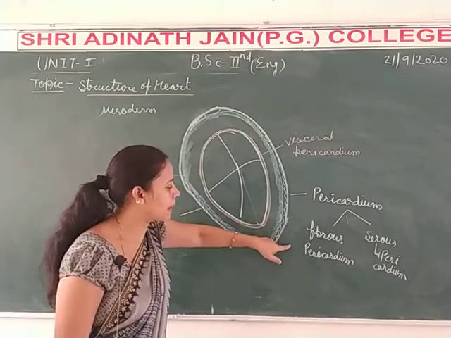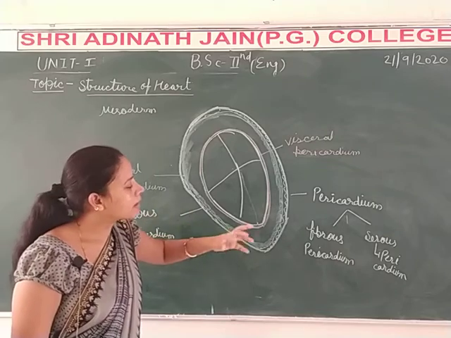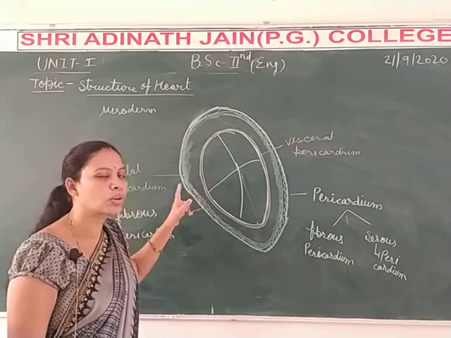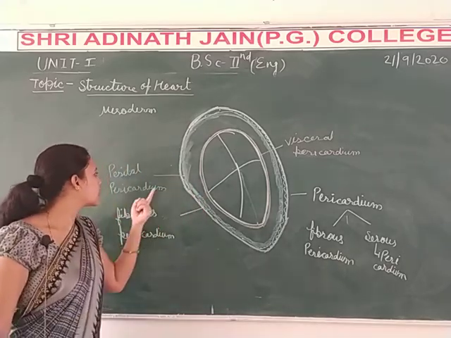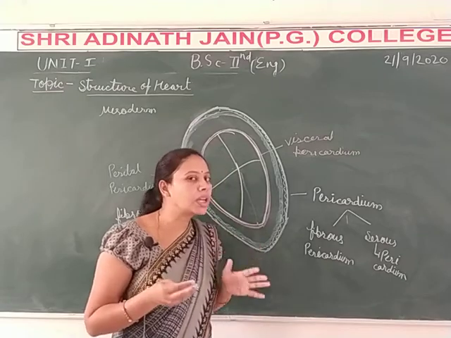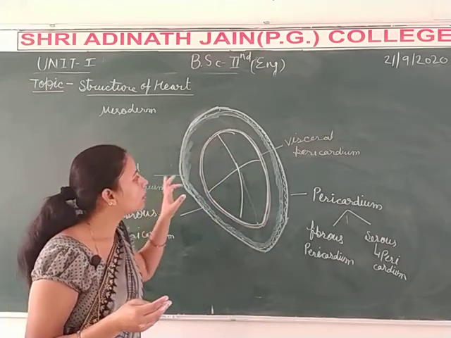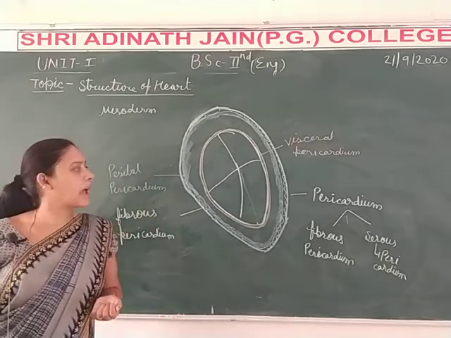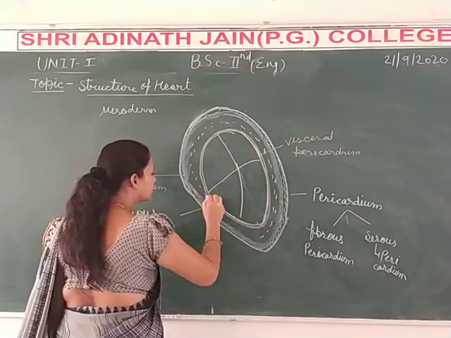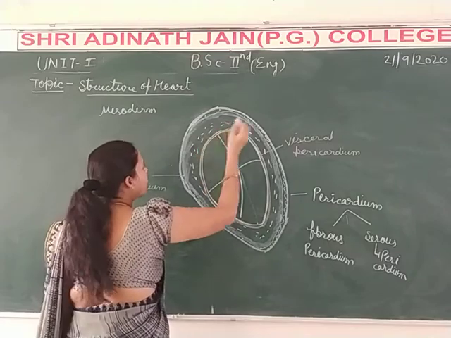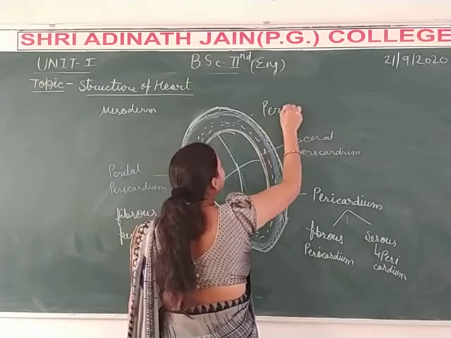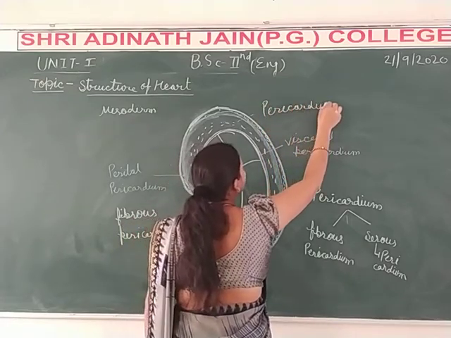The outer fibrous pericardium is made up of fibers and the serous pericardium is again divided into two. One is the parietal pericardium and second one is the visceral pericardium. Between these parietal and visceral pericardium there is some liquid material, and it is known as pericardial fluid.